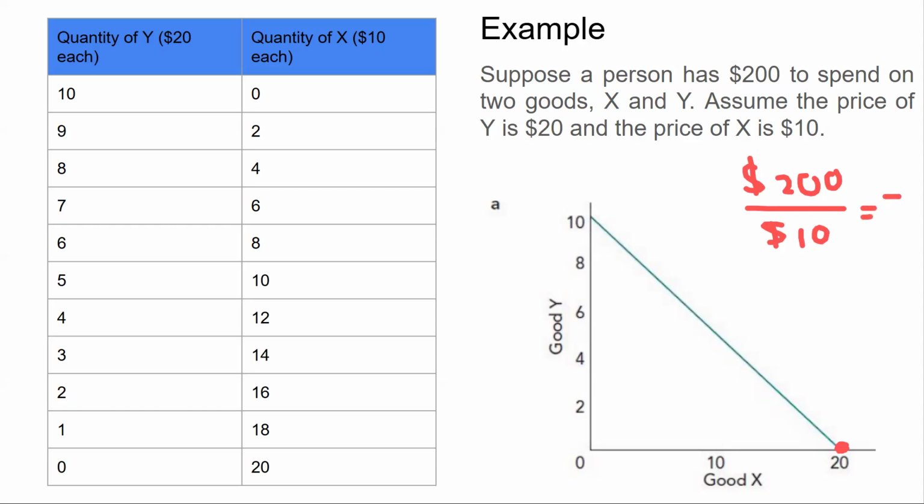So that will be 20 goods X. If you are only going to consume X, you can purchase 20 goods X.